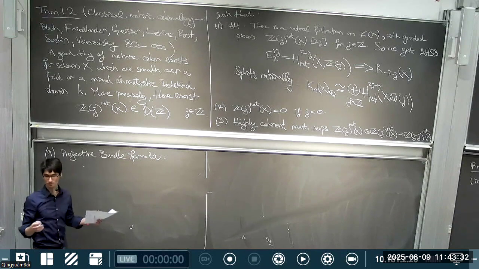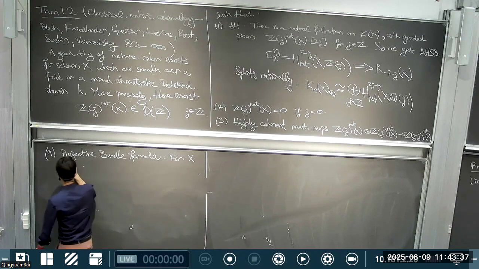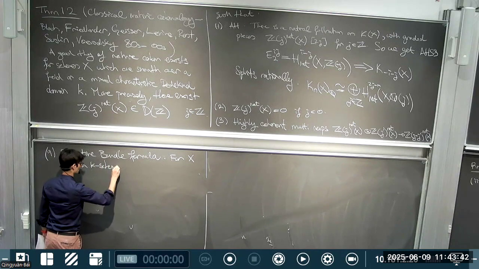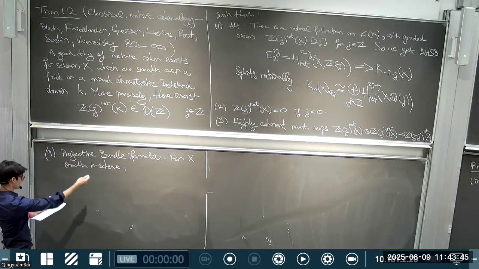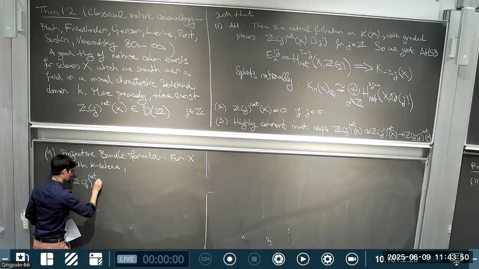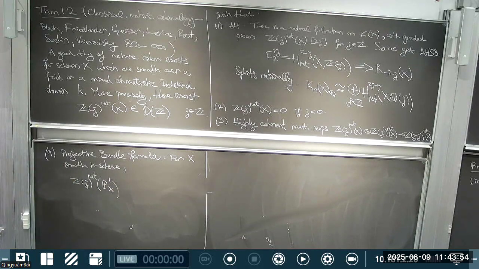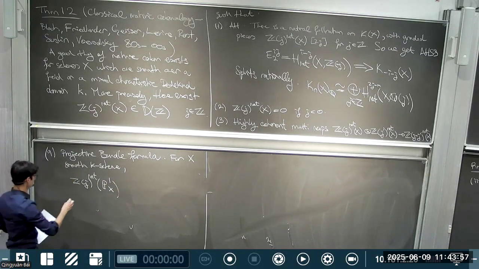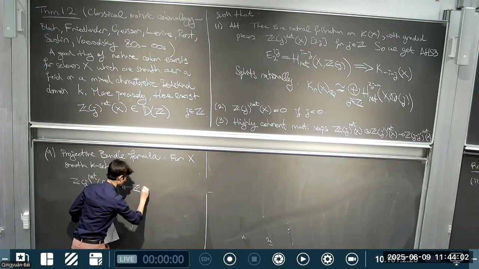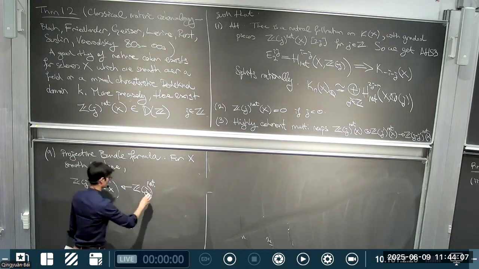So the projective bundle formula holds. That is to say, if I have some smooth K-scheme X, and I want to compute the motivic cohomology of the projective line over X, then it's given in the usual way for well-behaved cohomology.